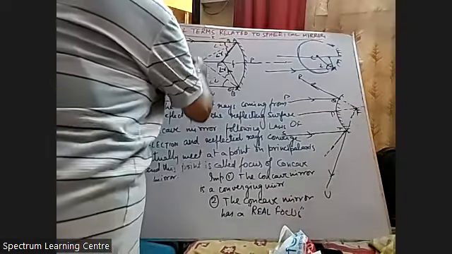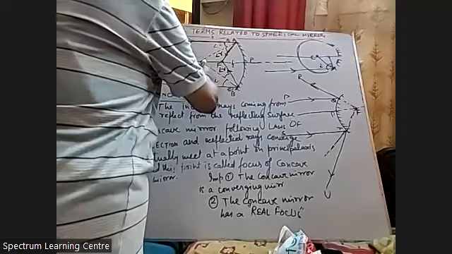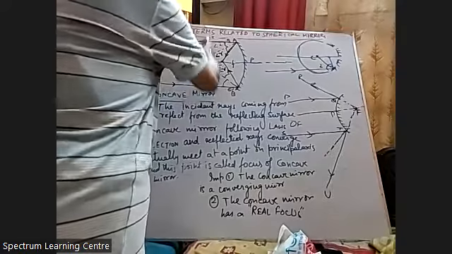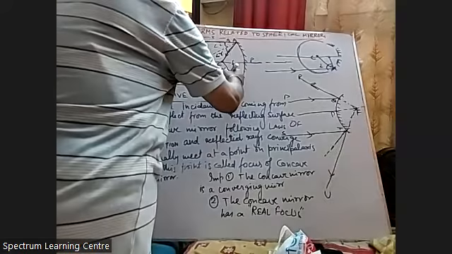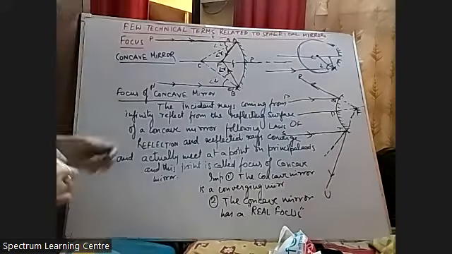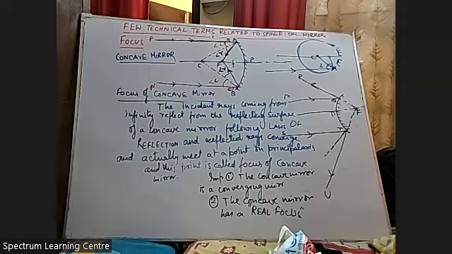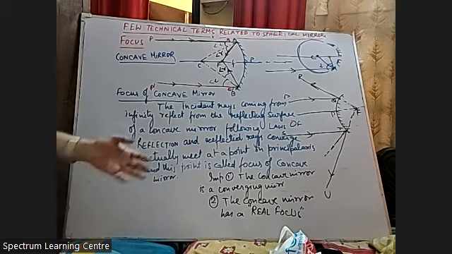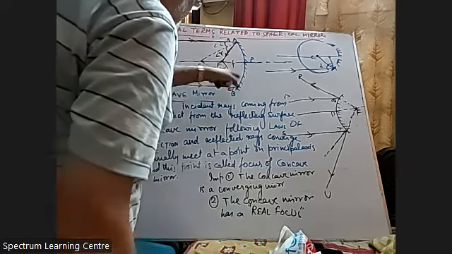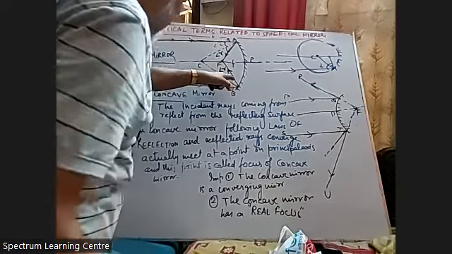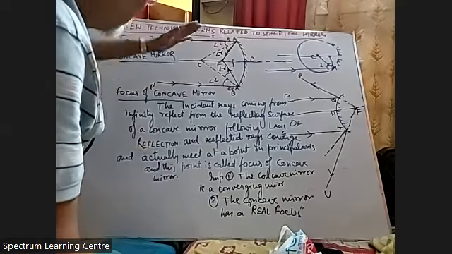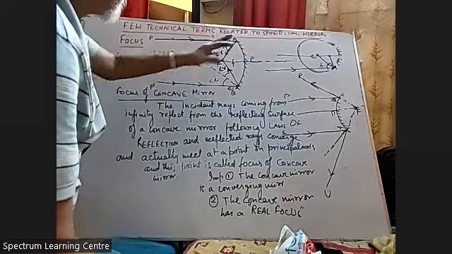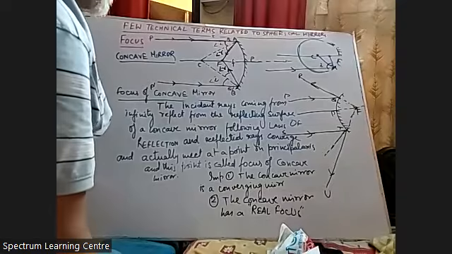Now, the rays which are coming from infinity, we assume that they are parallel to each other. If they are parallel to each other, they will make the same angle of incidence or not? Yes, sir. Right. So definitely they will follow the law of reflection and meet at one point only, because in every case, the angle of incidence and angle of reflection are the same.